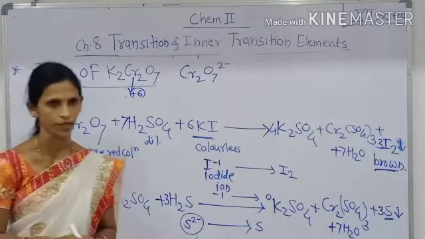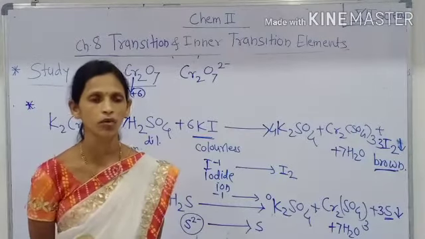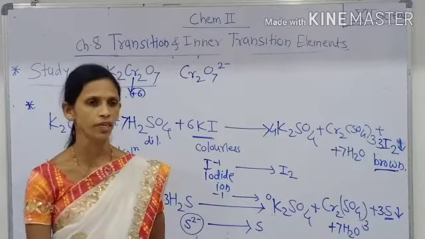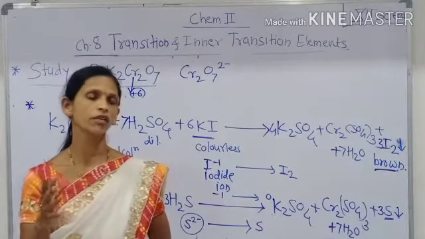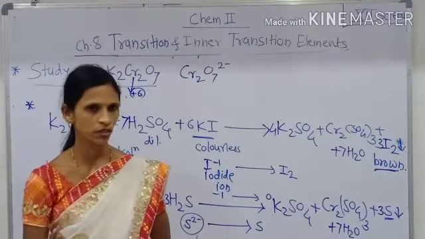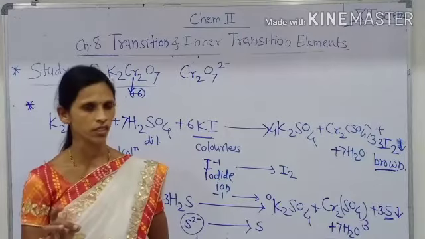potassium dichromate. Now we are going to discuss the common properties of transition metals. Overall, transition metals are present in 4 series: first transition series, second transition series, third transition series, and fourth transition series.